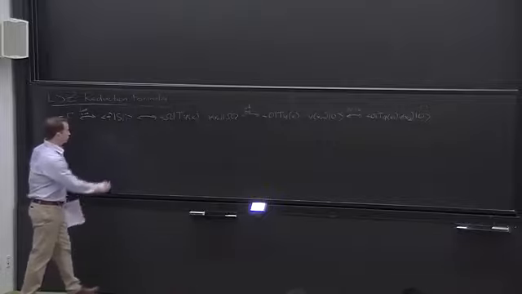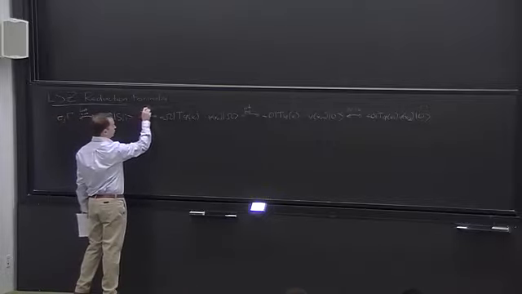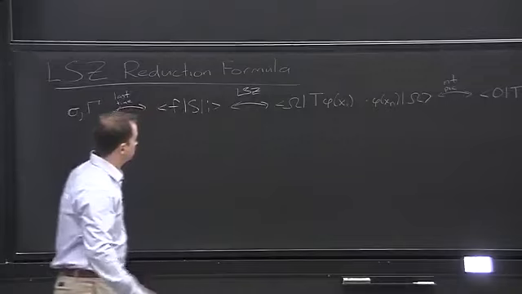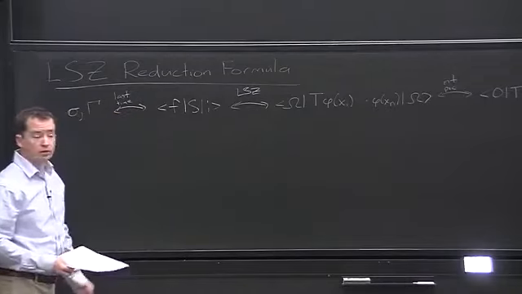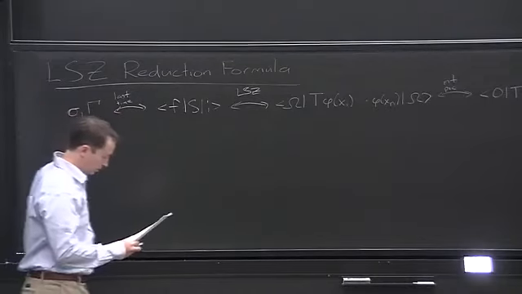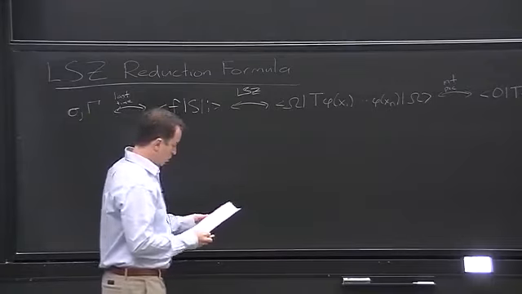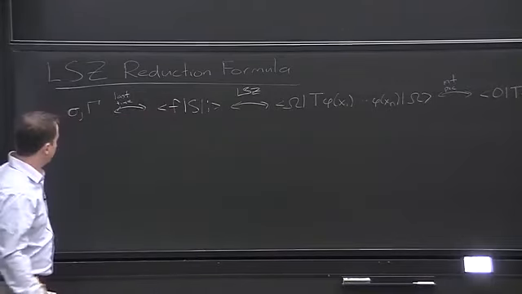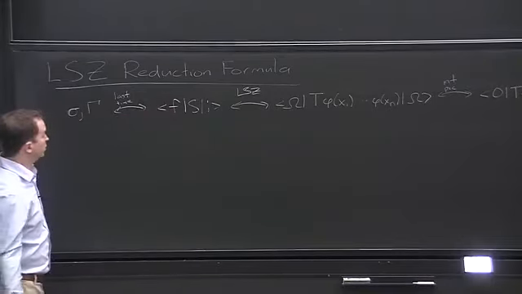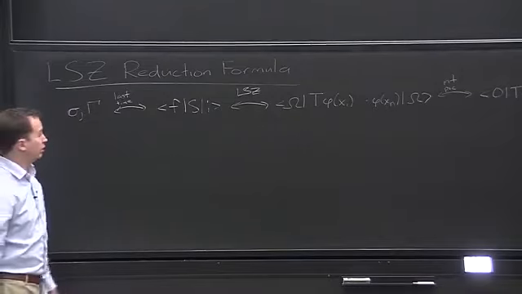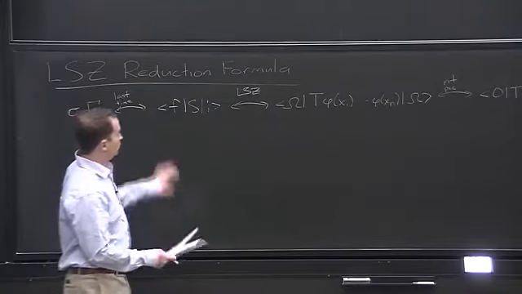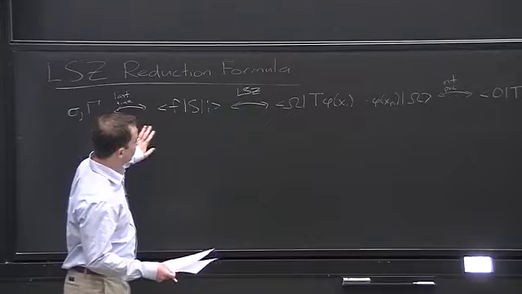Okay. So this step here will be the focus of today's lecture. It's the LSZ reduction formula. Okay. So the derivation itself should take less than half of the lecture.